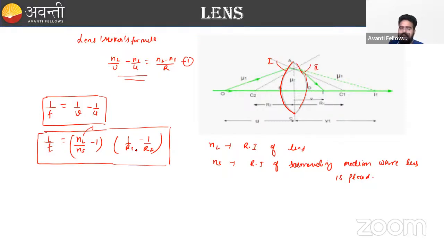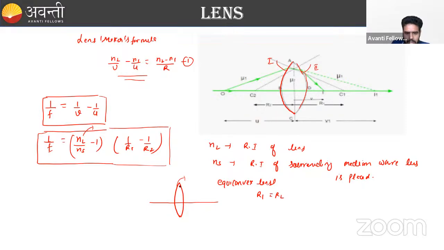Guys, if a convex lens is given, suppose in this way, and we consider that this is an equiconvex lens, then we can consider that R1 equals R2 here.